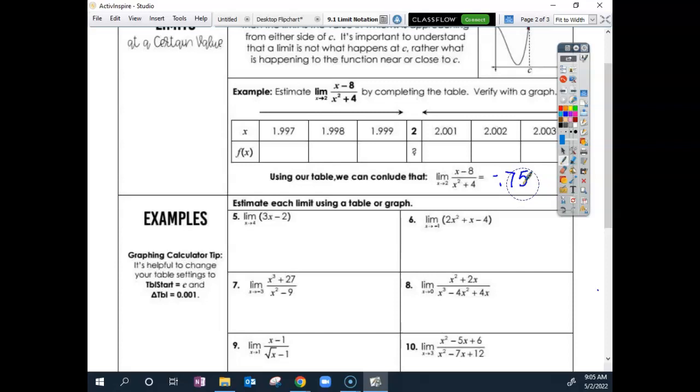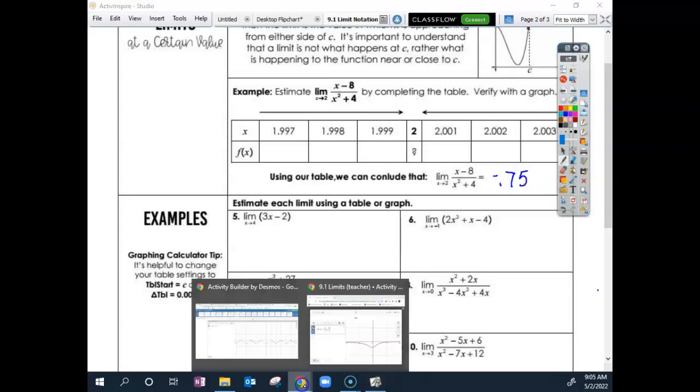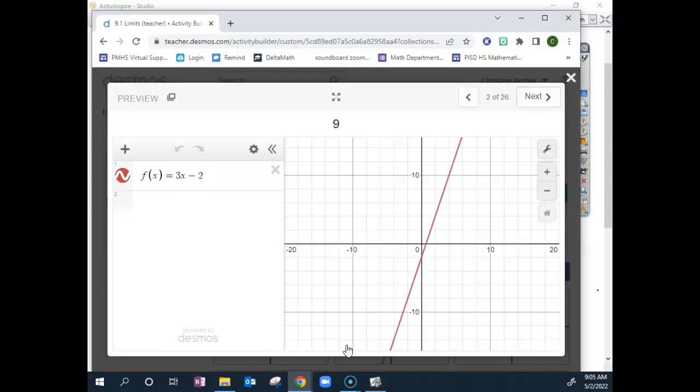Okay, so the next one is this one. Where am I going to look for the limit? At x equals what? All right, so I'm going to find x equals 4. At x equals 4, what's the y value? 10.